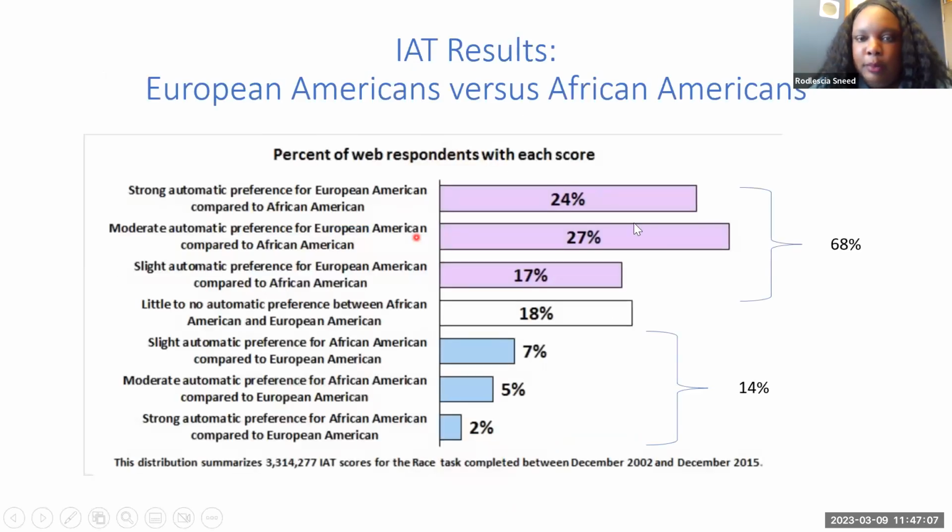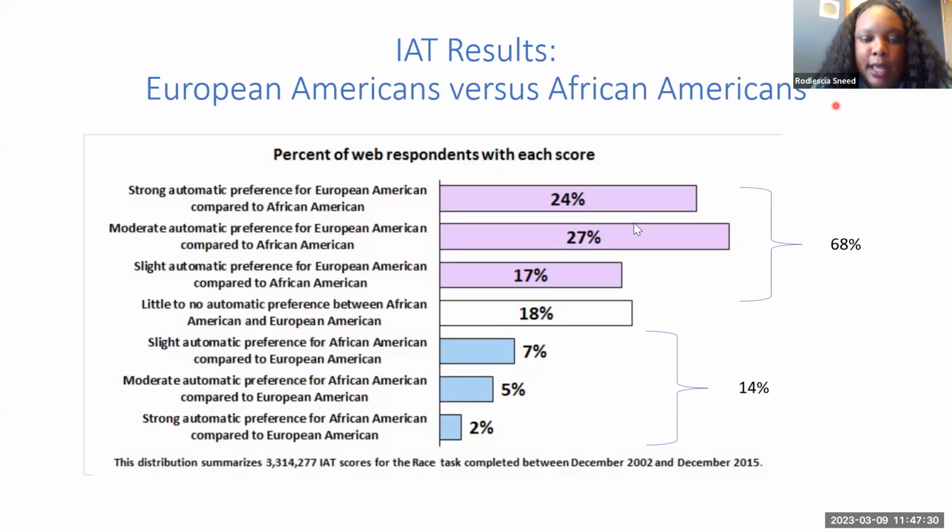And I want to show you some of the results of some of these tests. Here we have scores when people are given the IAT to assess their preference for European Americans versus African Americans. And this distribution summarizes scores from more than 3 million people who completed this task between 2002 and 2015.